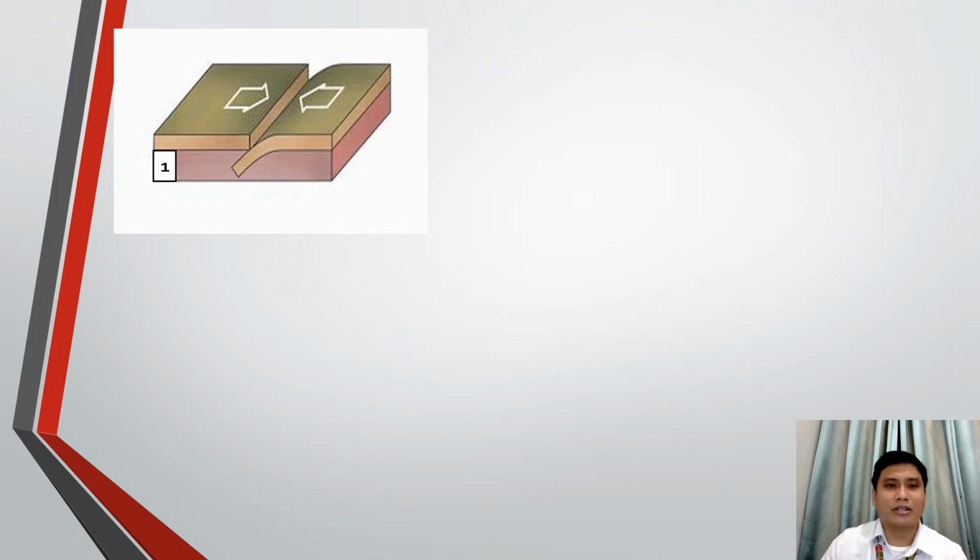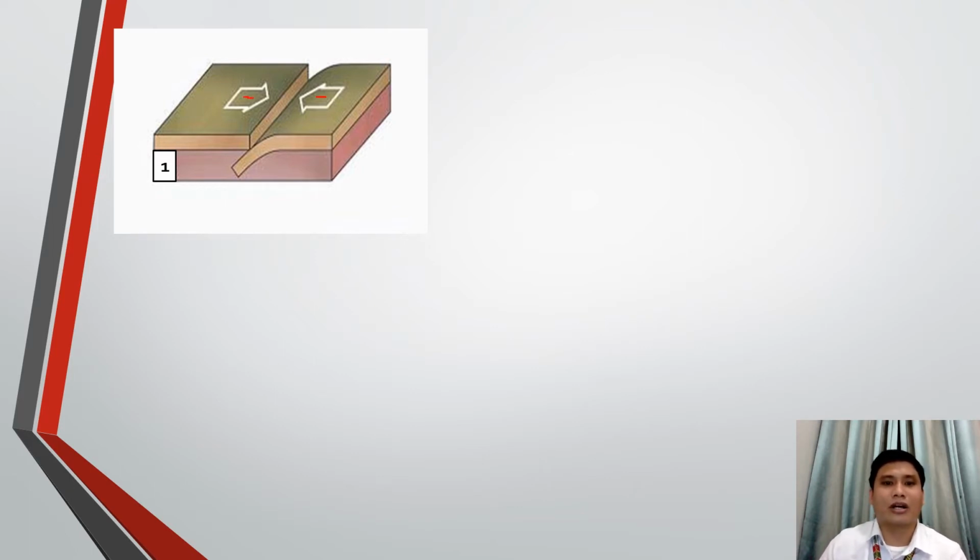If you can see there, these are 2 huge masses of land, or 2 tectonic plates. And these tectonic plates are interacting with one another. The arrows represent their movements. So these 2 arrows, this one and this one.